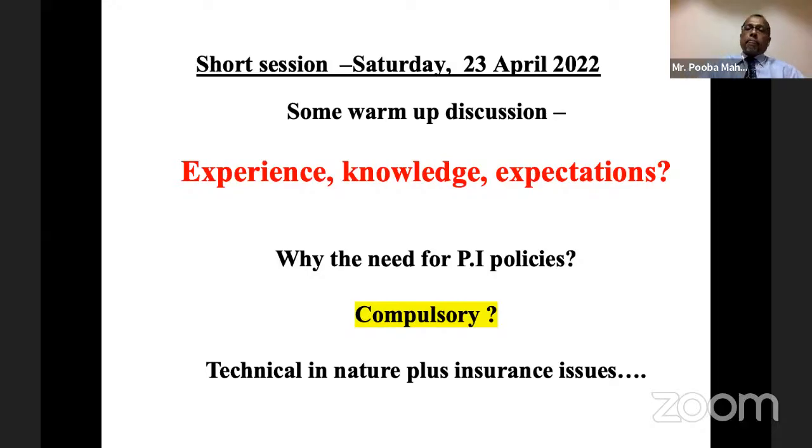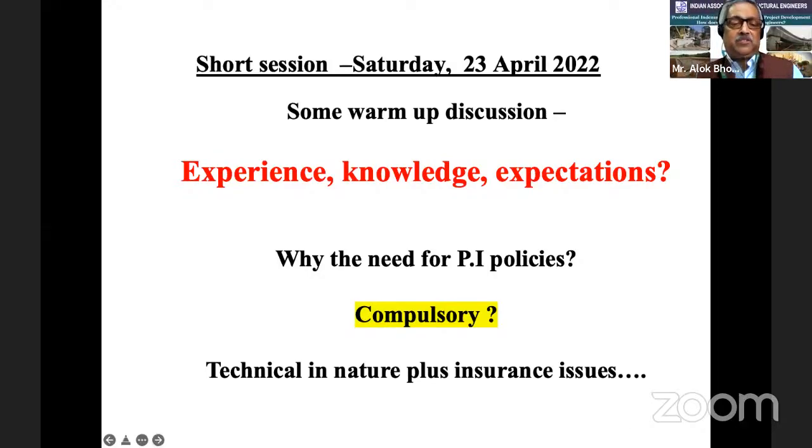Yeah, thank you, Mr. Kuba. First of all, let me admit at the outset that I myself do not have much knowledge about liability insurances. But one thing I can tell you is that, firstly, it is not mandatory. Some enlightened clients may make it mandatory. I have faced 2-3 such projects where it was made mandatory. But in many projects, it is not made mandatory for the consultant to take the PI.